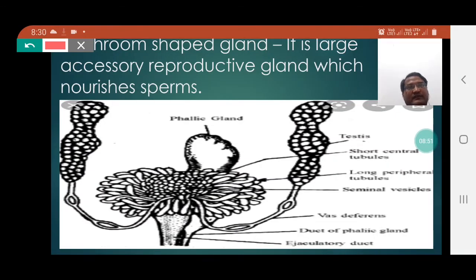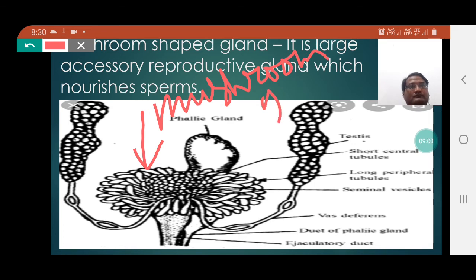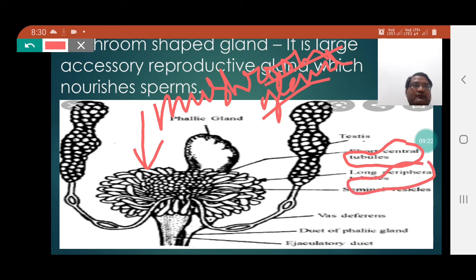So students, this is the mushroom gland, which is the largest accessory gland, and the two important parts of this gland are the peripheral tubules and the central tubules, which we can find here.